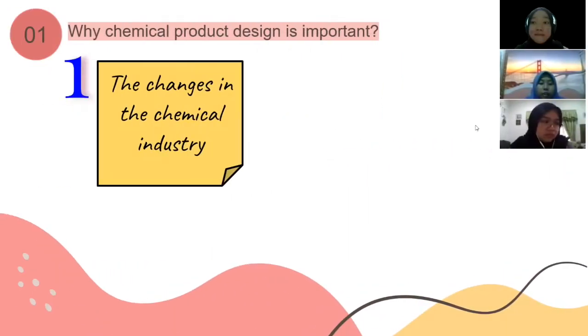Firstly, as we can see on the screen, the change in the chemical industry is one of the reasons why chemical product design is important. This is because chemical product design may affect the majority production of the products, which may affect company profit, economy, and others.